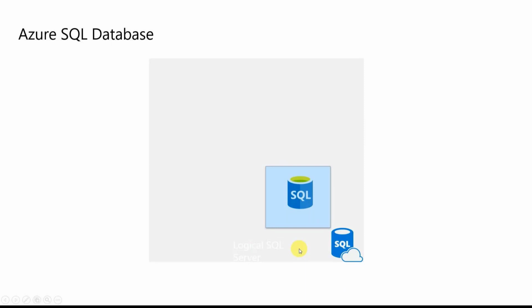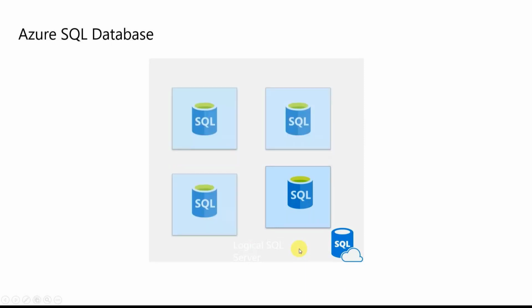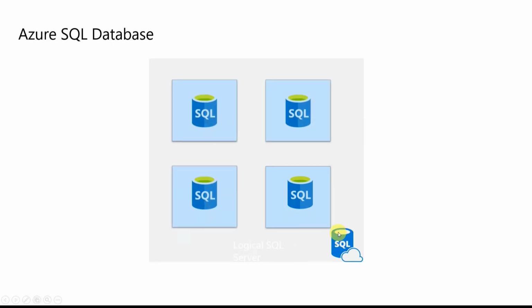It is not SQL Server, but a logical SQL Server. That means capacity is not given to the logical SQL Server. Capacity is given to individual databases. An individual database can be scaled up separately. Each database is isolated from the others in terms of capacity. So if one database is loaded up with a lot of transactions, the others are not impacted.